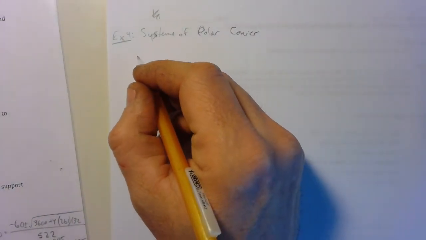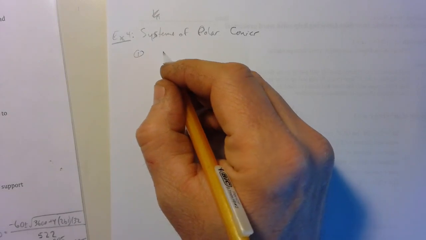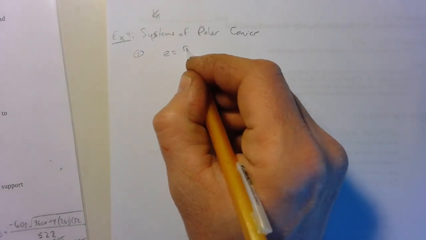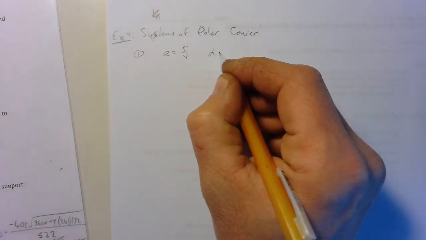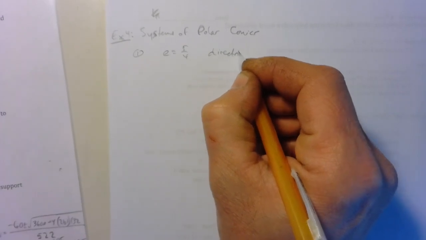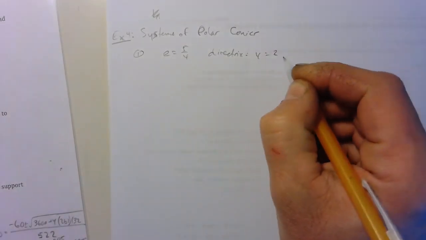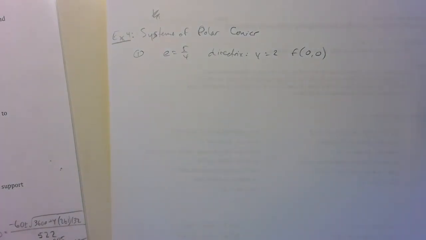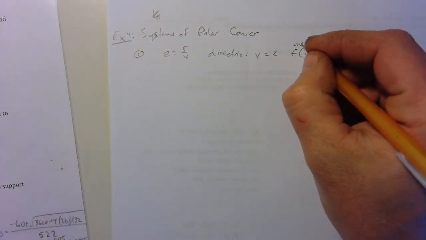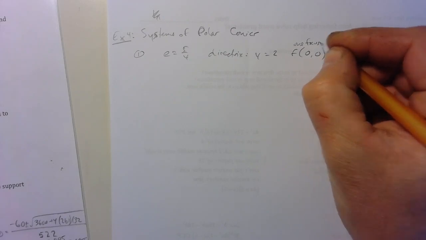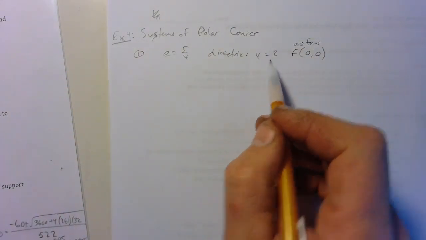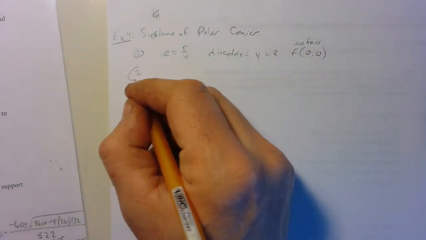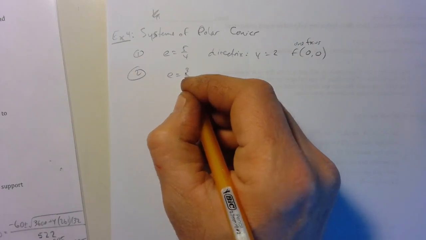So we have the first conic. Conic 1 has an eccentricity of 5/4, a directrix at y equals 2, and the focus is at 0, 0, or one of the foci. This is the directrix for that focus. The second conic has an eccentricity of 3/5.